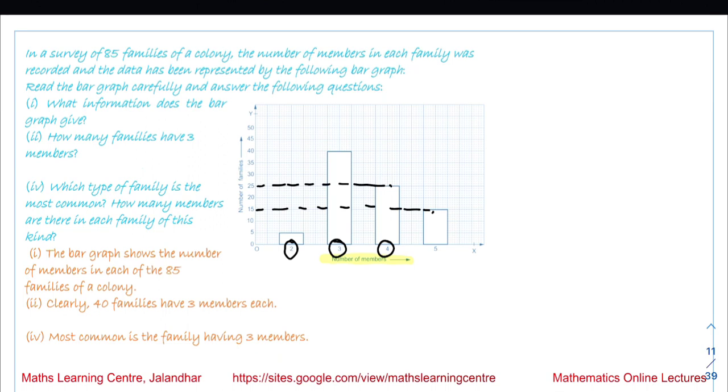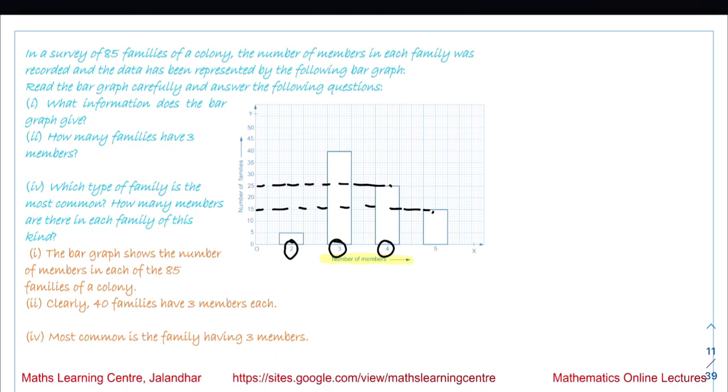Next is: in a survey of 85 families of a colony, the number of members in each family was recorded and the data has been presented by the following bar graph. Read the bar graph carefully and answer the following questions. First, what information does the bar graph give? This bar graph tells us the number of members in the family and the number of families.